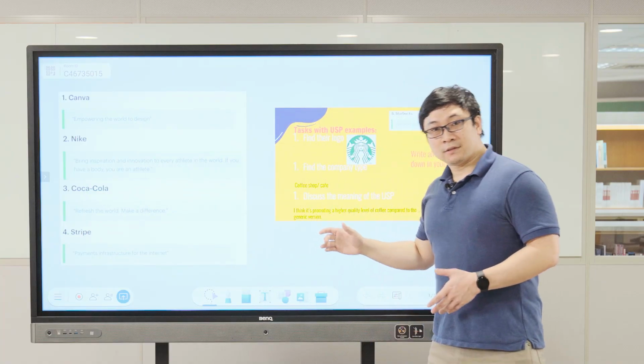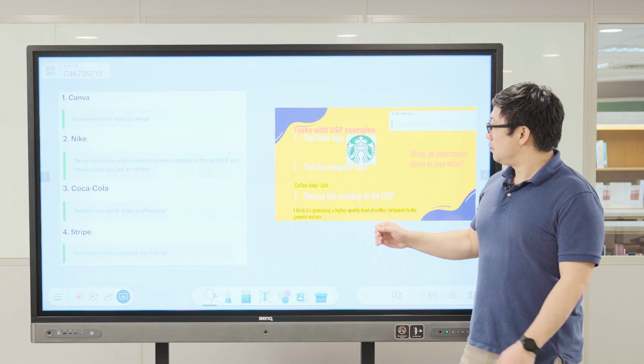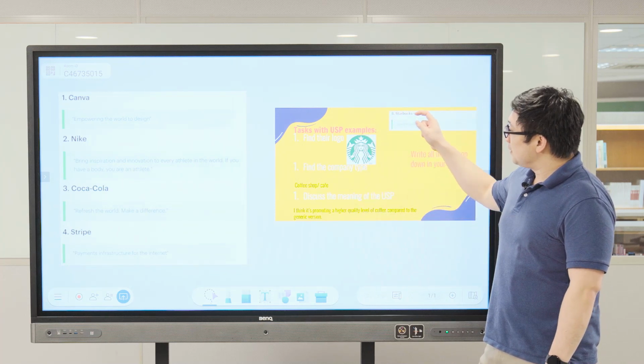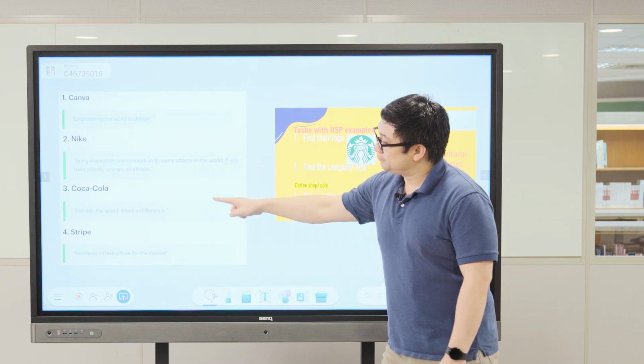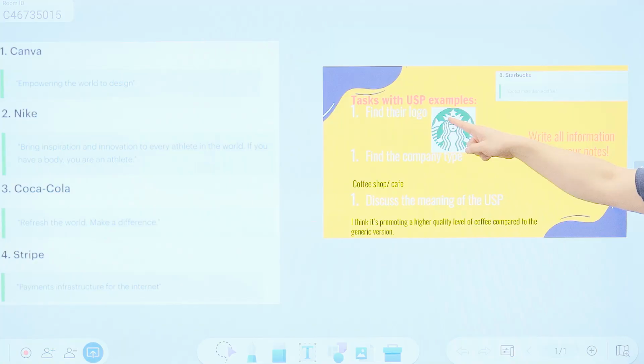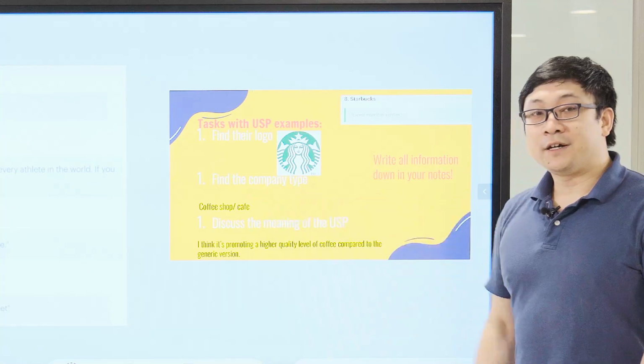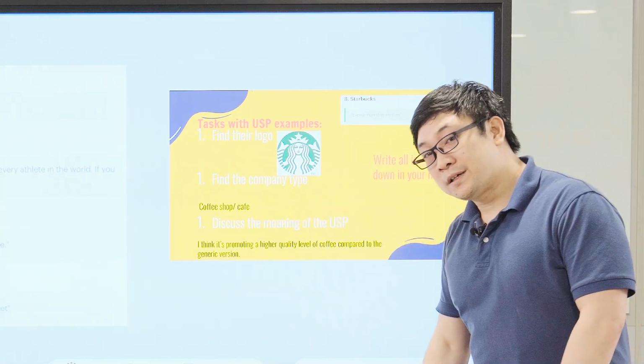Now, once I've got the cloud whiteboard ready, I'll explain the tasks. So in this one, I like them to look at these companies. First of all is to find the logo of the company, such as in this example we've got Starbucks and we've got the logo here. Next, find which industry the company works in.